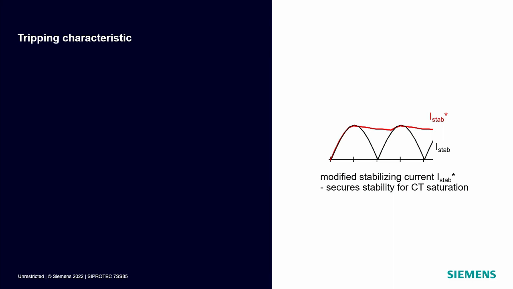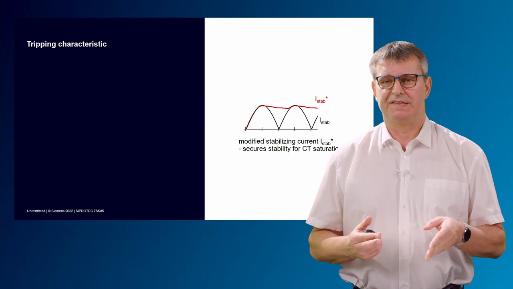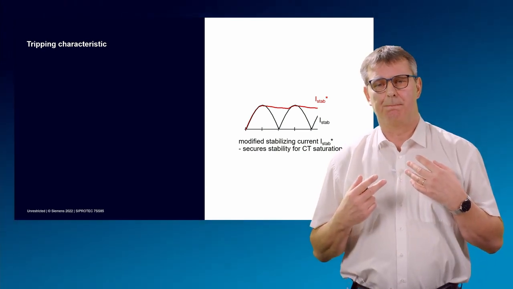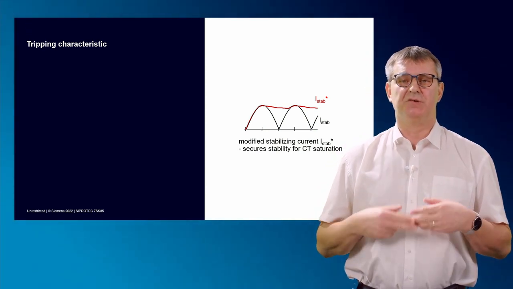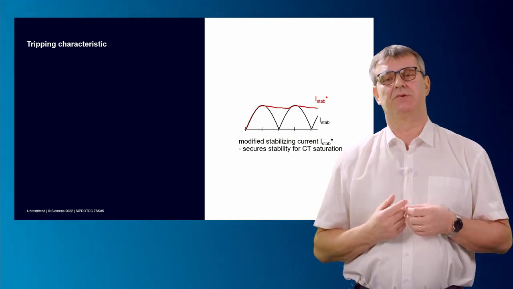The modified stabilization current is the same as the calculated stabilization current as long as the stabilization current is increasing. But according to the sinusoidal wave, as soon as the calculated stabilization current is decreasing, the modified stabilization current is decreasing only a little bit in a linearized waveform. And the reason is to have a high stabilization current during the zero crossing of the sinusoidal wave.